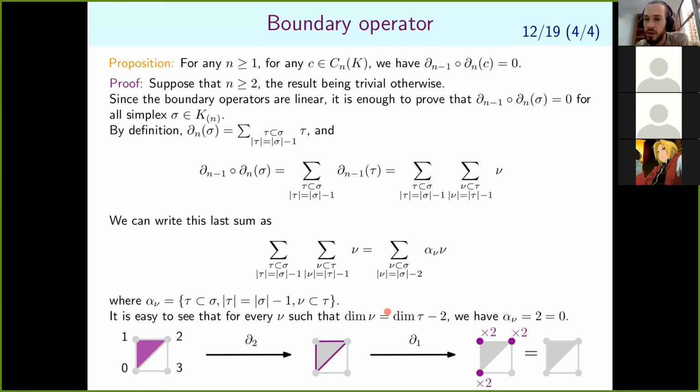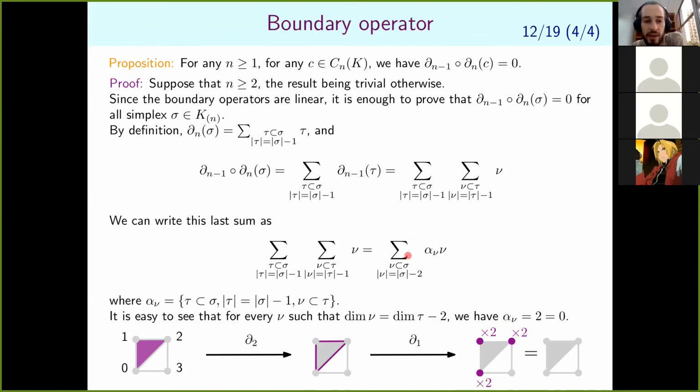Let me give you an example. If I take this simplex, the triangle 0, 1, 2, its boundary is the sum of its edges, and the boundary of the boundary, as we have seen, is 0, because each vertex appears twice.